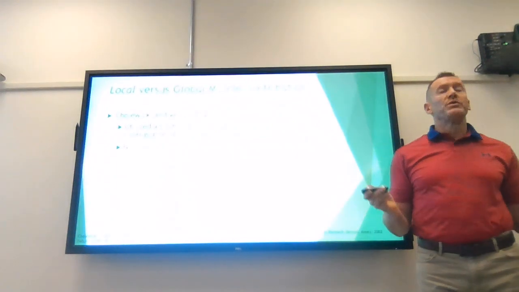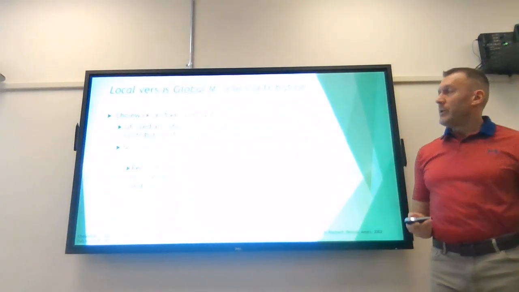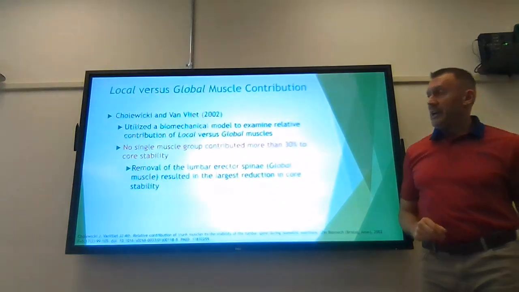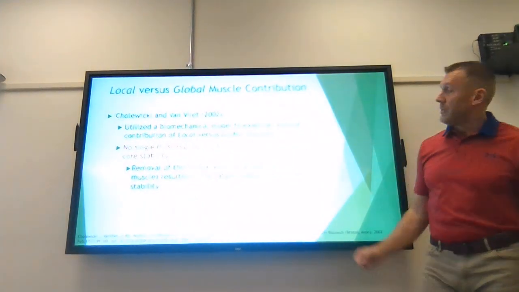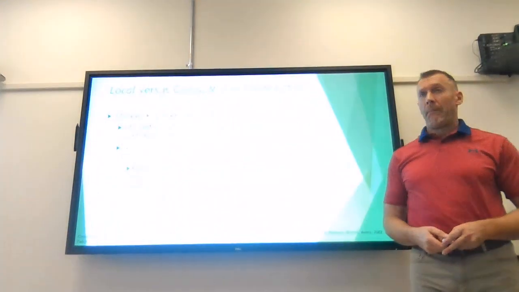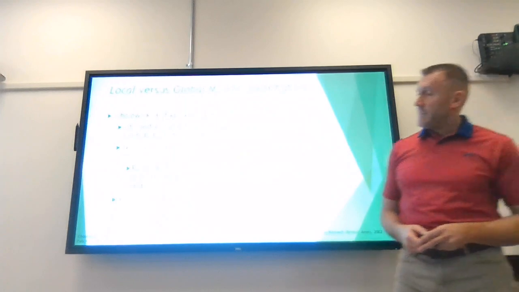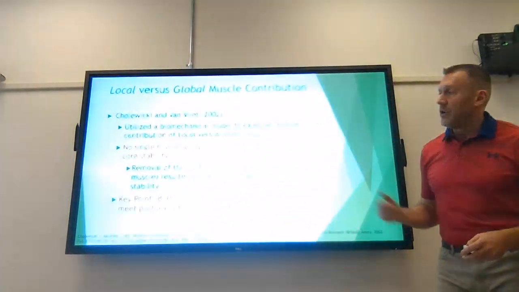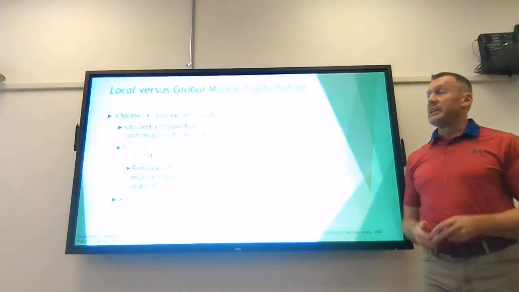So there's not one most important stabilizer. That's what we keep coming back to. Removal of the lumbar erector spinae, that's a global muscle, resulted in the largest reduction in core stability. So take-home message, just going back to this same concept, both the local and global muscles are important, and they work together.